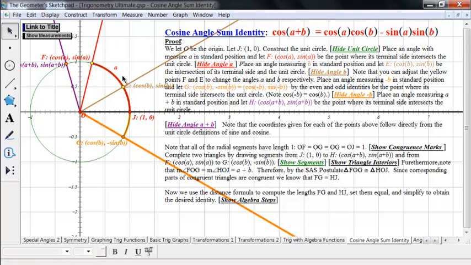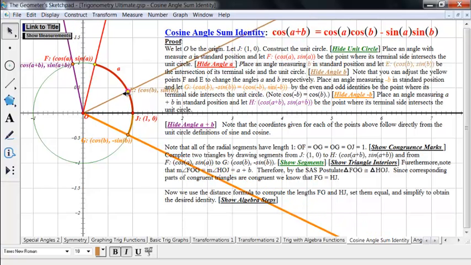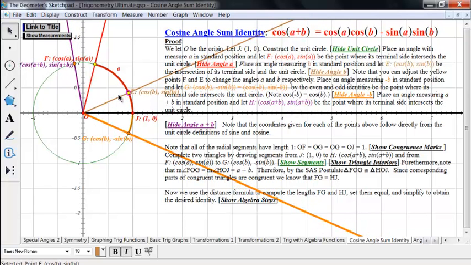Or likewise, however far A is, that's how much additional we've gone from B to get to this point. So that point is going to have cosine of A plus B, comma, sine of A plus B for its coordinates.